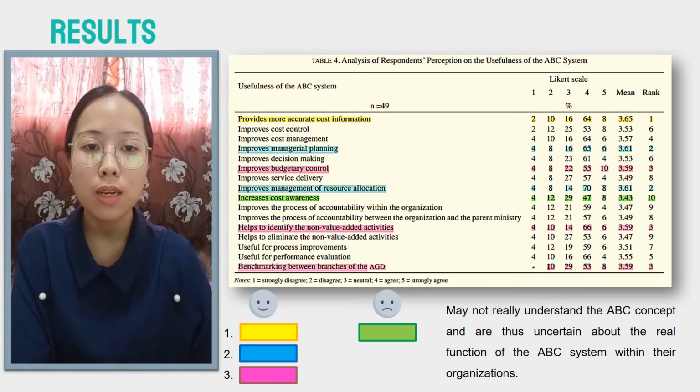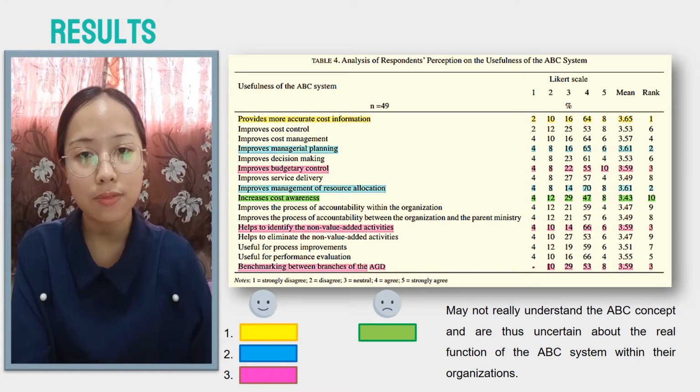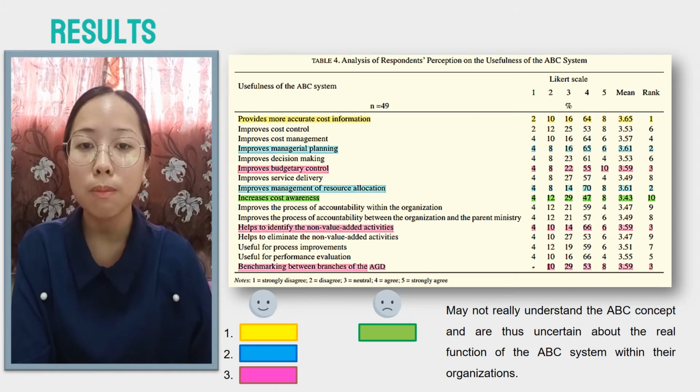Number 2, improve managerial planning and improve management of resource allocation. Number 3, improve budgetary control, helps to identify the non-value added activities and benchmarking between branches of the AGD.